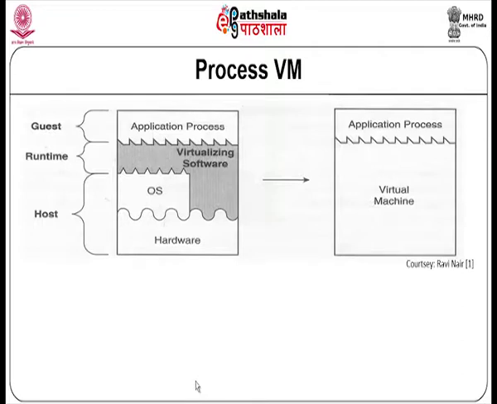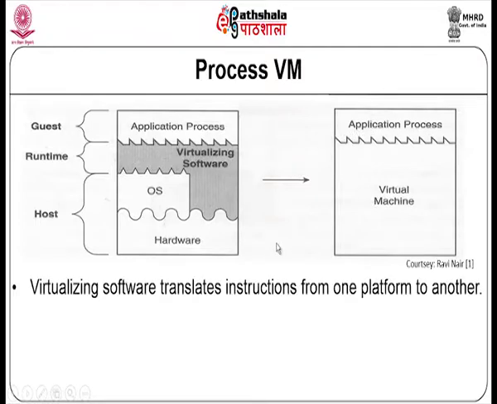So, this is our process VM, where we have the hardware, we have the operating system and the virtualizing software and the application process. So, the virtual machine will consist of this whole thing and the application will run on top. This virtualizing software translates instructions from one platform to another.